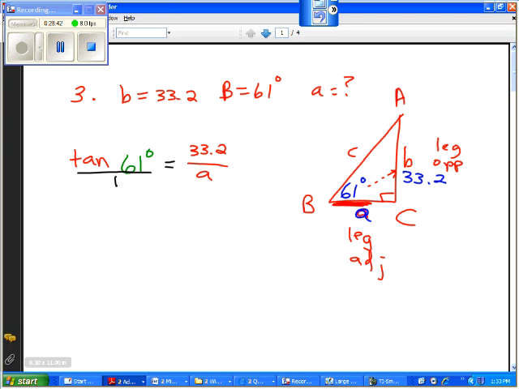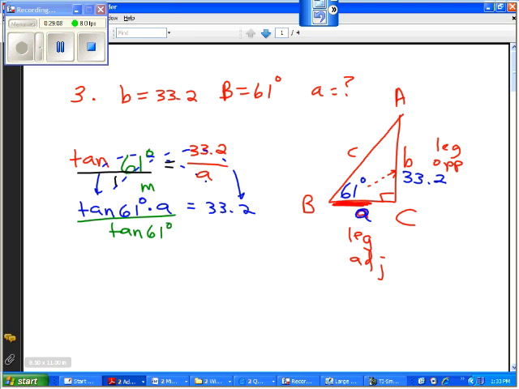Put it over 1, which creates a proportion, and we cross multiply. A times tangent 61, or tangent 61 times A, is equal to 1 times 33.2, which is 33.2. We're going to now undo multiplication by division to isolate the A.